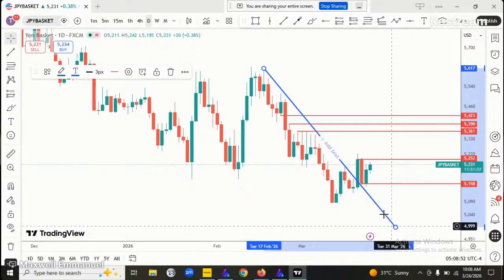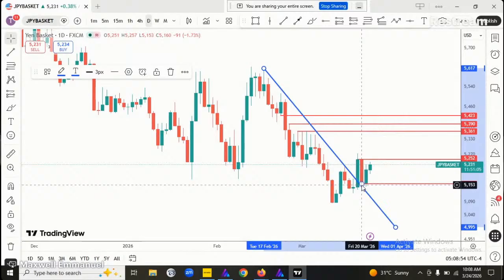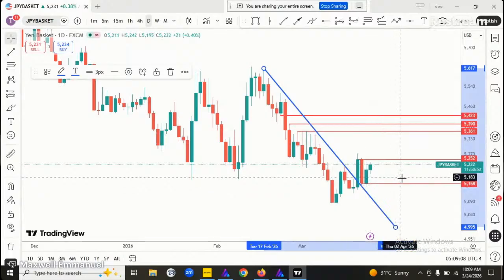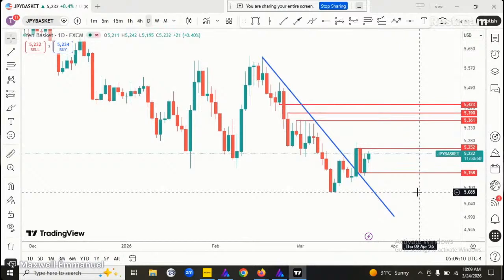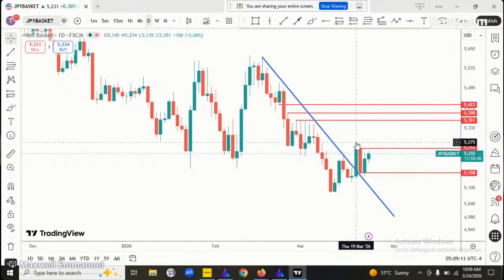We have this support here, and this support is still very active. This is what is holding price now. So if the support gets broken, that's when you consider going bearish on yen. But at the moment, yen is bullish, and like I identified yesterday, yen is likely going to sweep this liquidity, this high.